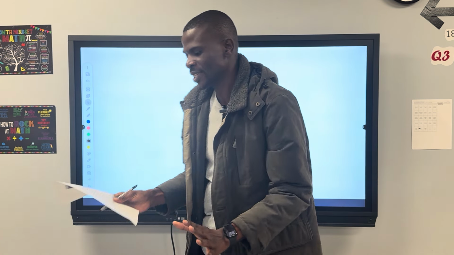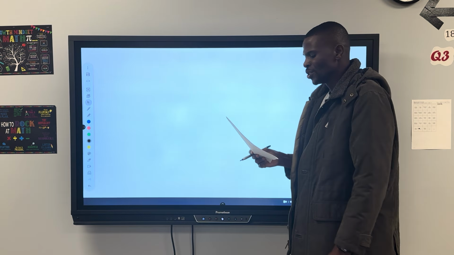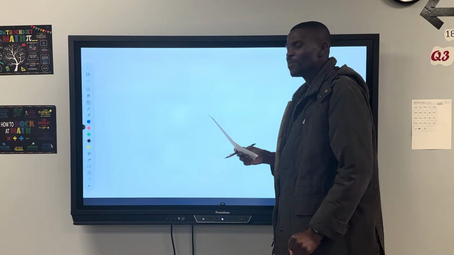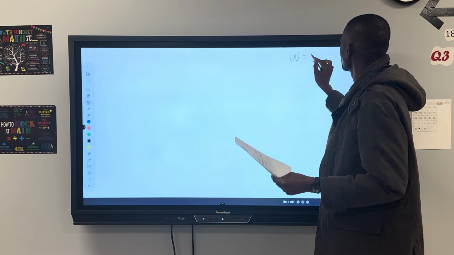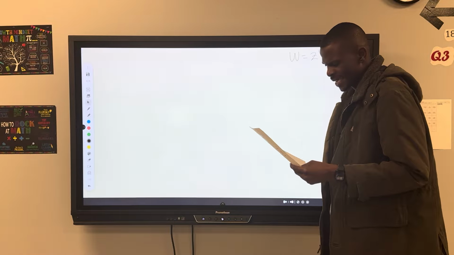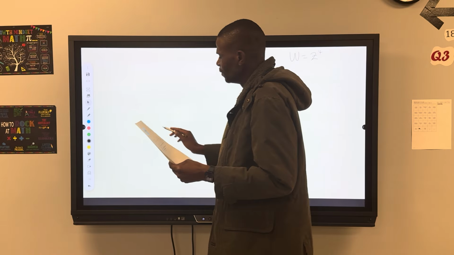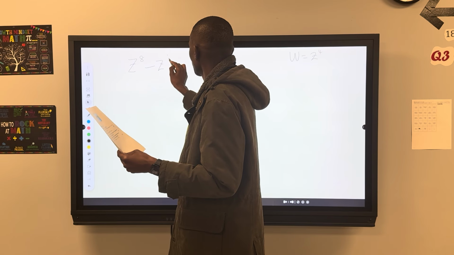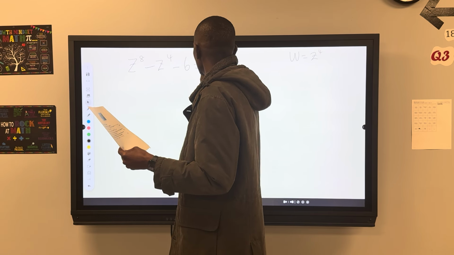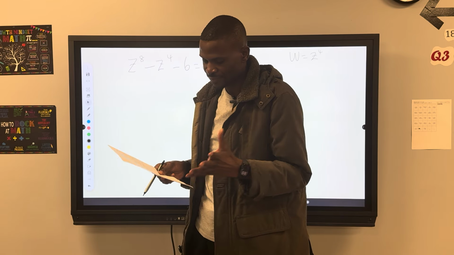From our question, we were told that using the substitution w is equal to z to the 4th power, solve the equation z to the 8 minus z to the 4th minus 6 equal to 0. It is 10 points.